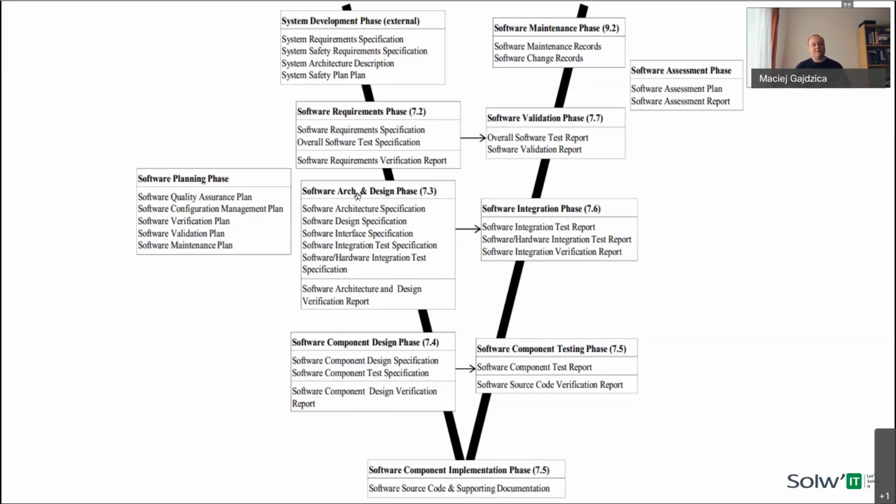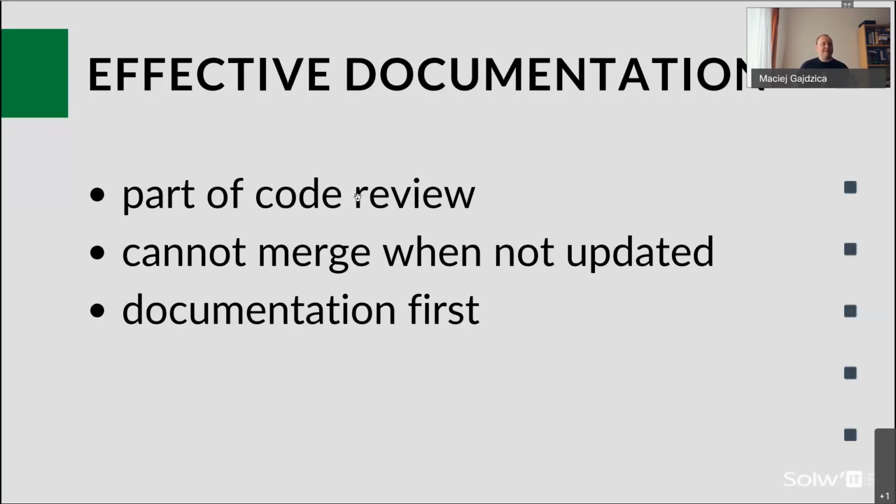But I saw some things that are working and not working. And first of all, the thing that definitely doesn't work is to leave all of the documentation at the end of the project. And we have some simple rules that could make our life a lot easier.